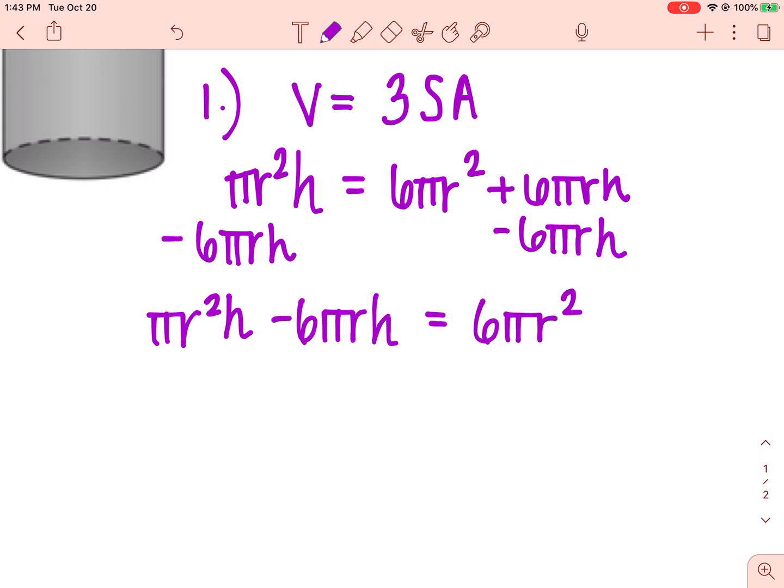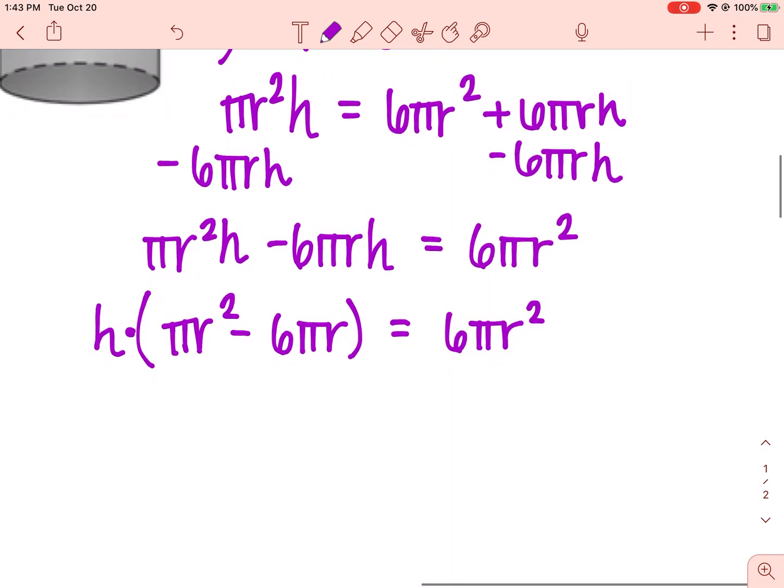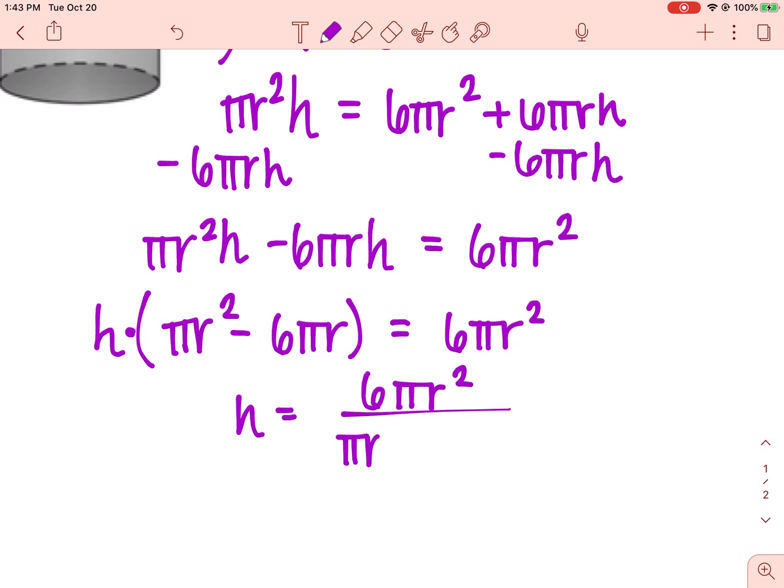I'm close to getting h by itself. On the left side, I can take it out as a GCF. And then how do you undo this multiplication? Well, with division. So h is going to equal 6 pi r squared over pi r squared minus 6 pi r.